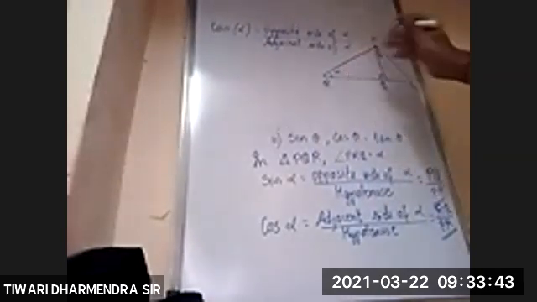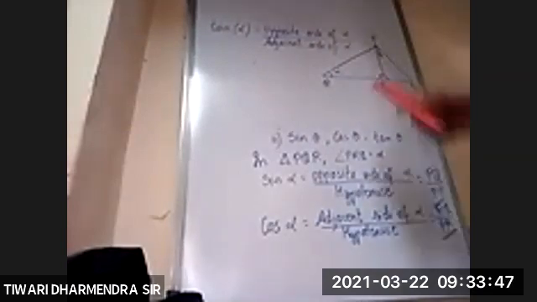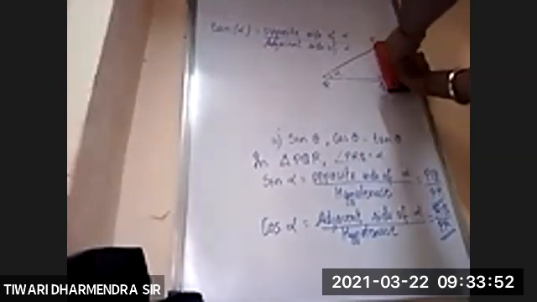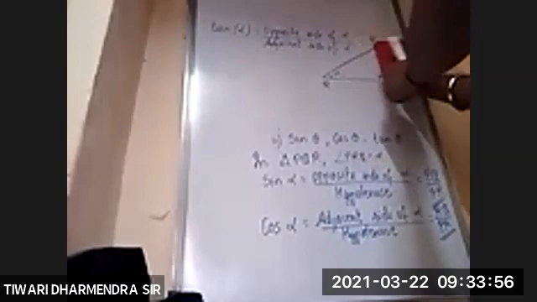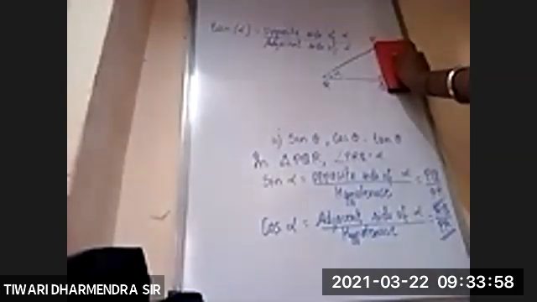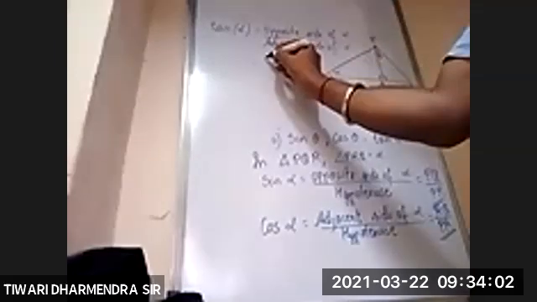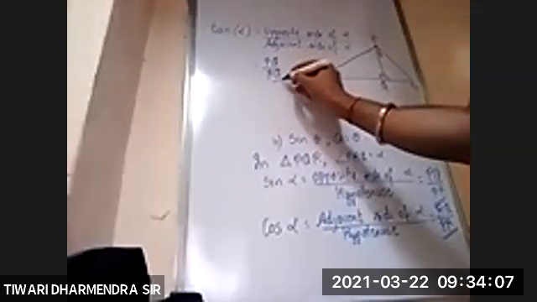Now, since we are dealing with triangle PQR, just hide PQS. You can see the opposite side of alpha is PQ and the adjacent of alpha is RQ. So the answer for this is PQ divided by RQ. Done.